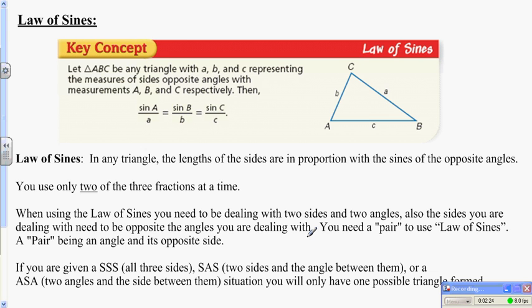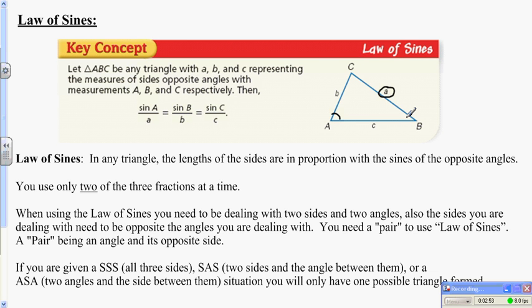Now, the true law of sines that we will talk about, that this lesson is named after, is that if you have an angle, let's say angle A, and we have its opposite side. Now pay notice that all of the angles have capital letters A, C, B, and the sides opposite those angles are the lowercase letters.